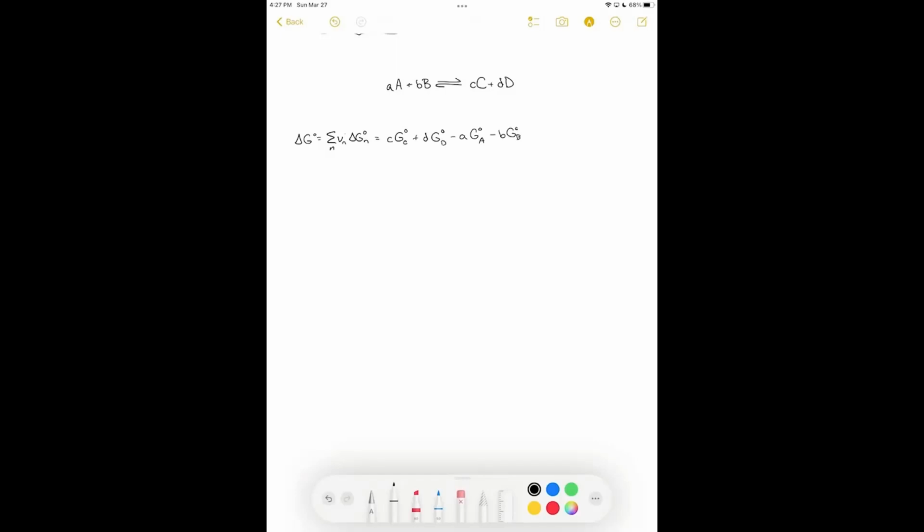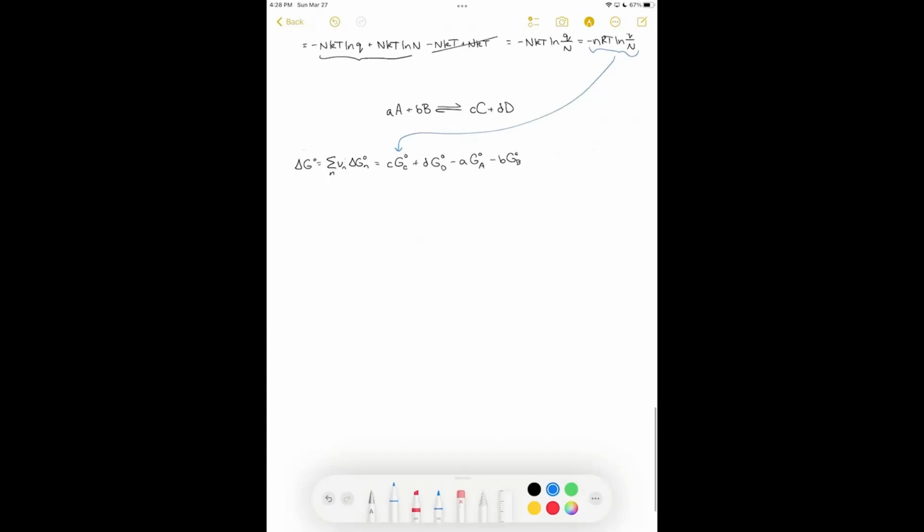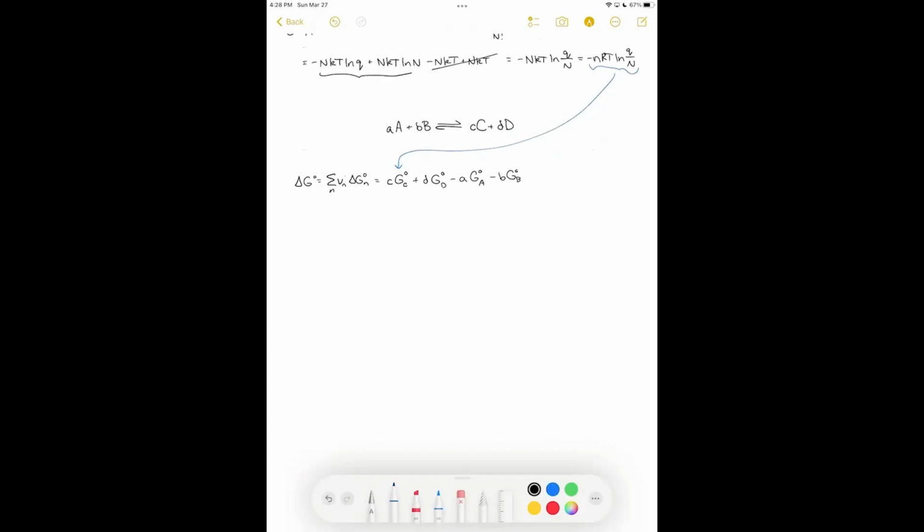Now, what we're going to do here is bring in our definitions for what the Gibbs free energy is that we just described. So for every term here, we'll go ahead and grab this and plug it in for the molar Gibbs free energy. Now, if we have a molar Gibbs free energy, lowercase n is equal to 1. We have 1 mole. The uppercase N is in fact equal to Avogadro's number because we have 1 mole of particles.